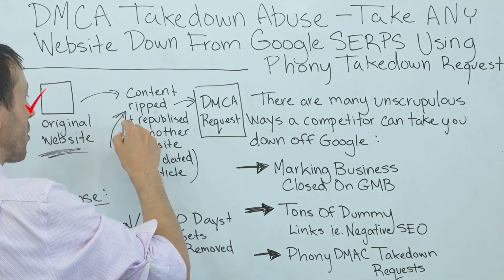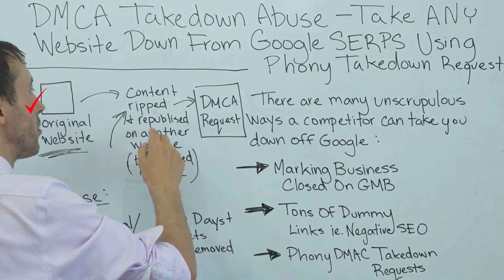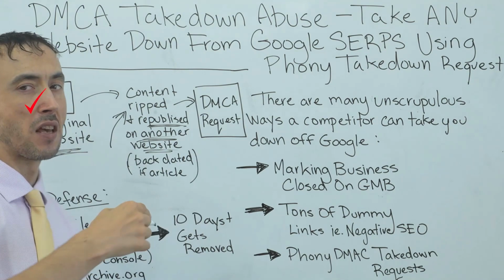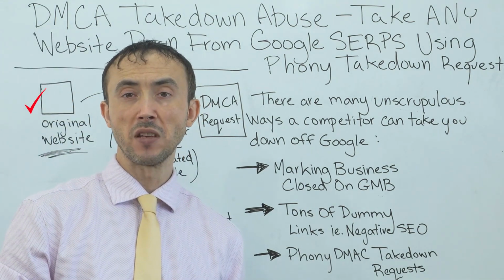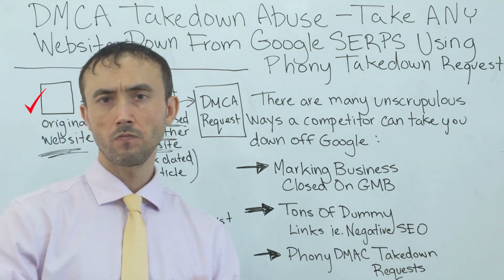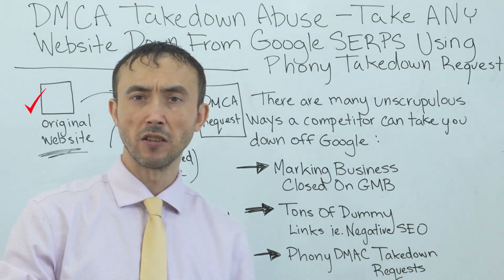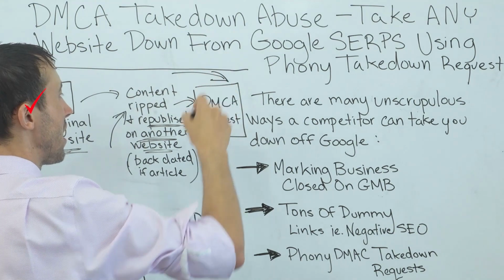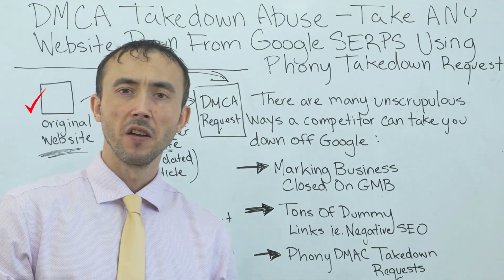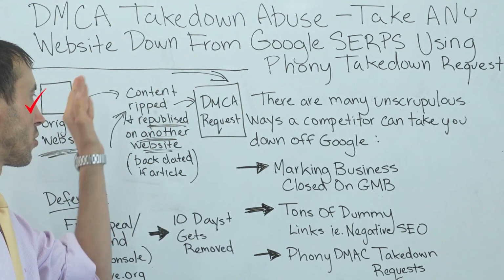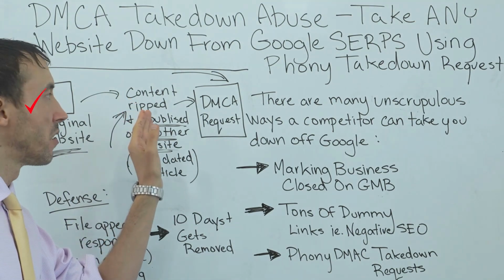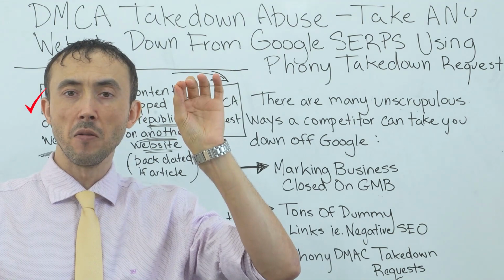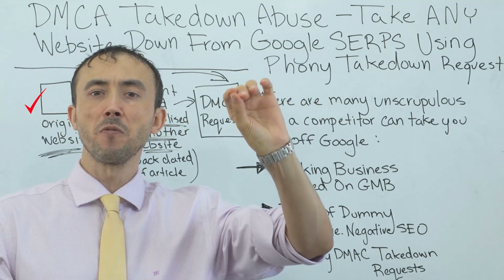They're going to rip the material off of that page and then republish that same material on another website. It could be a website that they own, or it could just be on another website like Tumblr or anything out there, really. And then at that point, they're going to go to Google's DMCA request form to report that the material on your own website is infringing on the copyright.